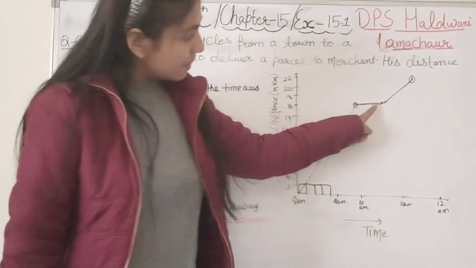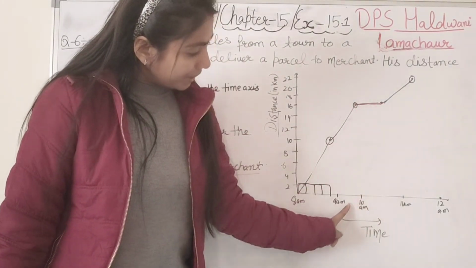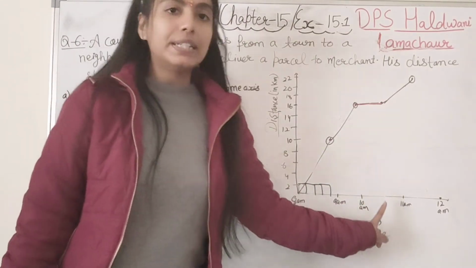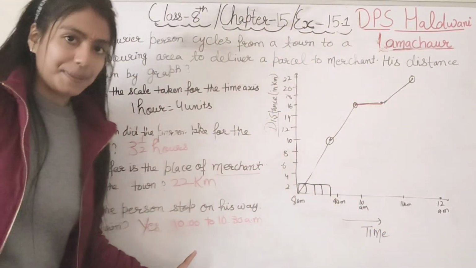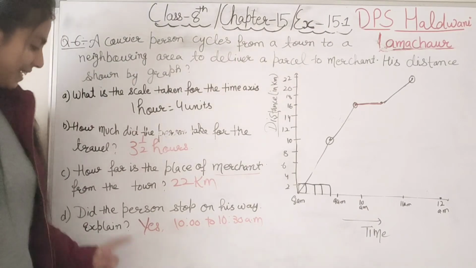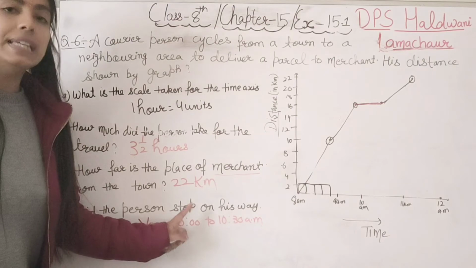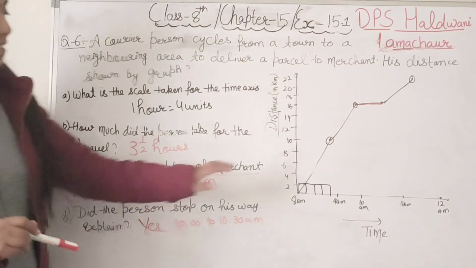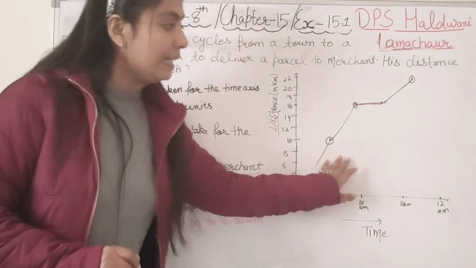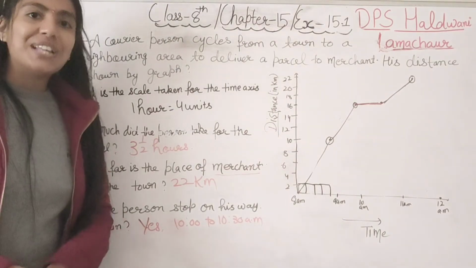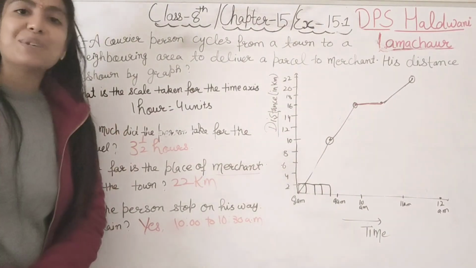Because see, it is just the middle part of 10 and 11. So the middle part means 10:30, you can say. From 10 to 10:30 he stayed. Right student? That's it. Because the question is asking, did he stop on his way? Yes, he stops. Everything is mentioned to you in the graph. You just read the graph carefully. Very simple question, no? So this is about our question number 6, student.